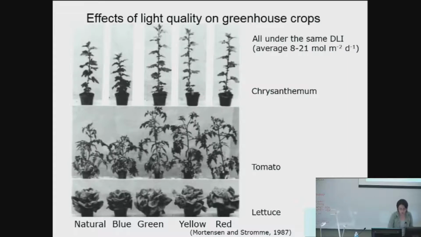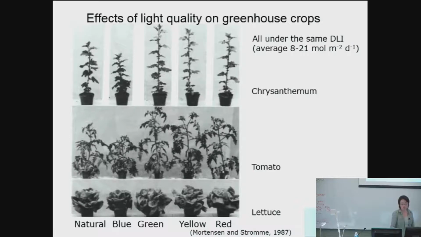Okay, good. I hope we can have more time to discuss this because this is very important. Yes? Why is green more efficient? I thought that... This one is not about efficiency. This one is just showing the shape of the plants.